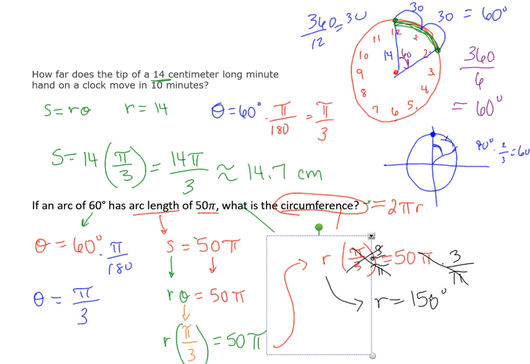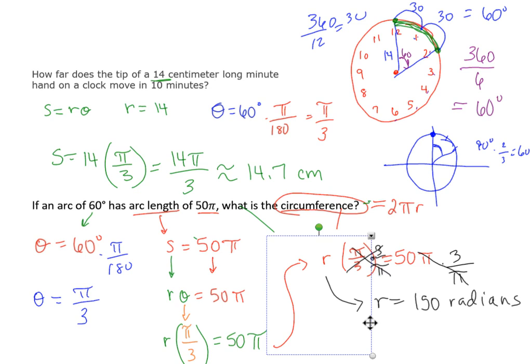Oh, it's not even degrees, it's just 150. It fooled me because I crossed out the radians, but this is in radians. It's not an angle because everything was in radians. So r is 150.